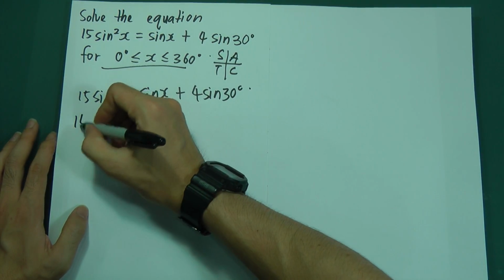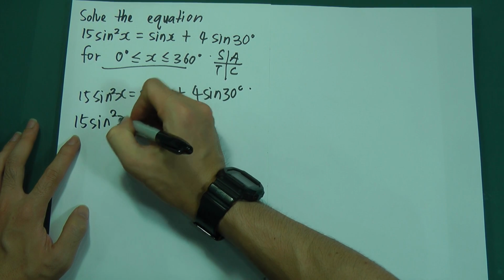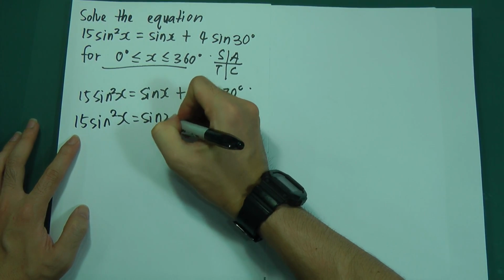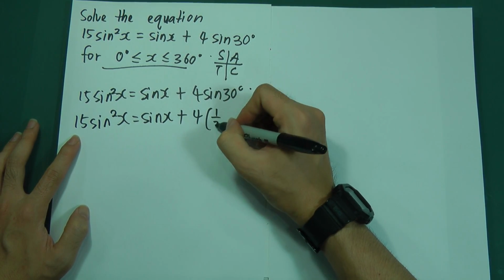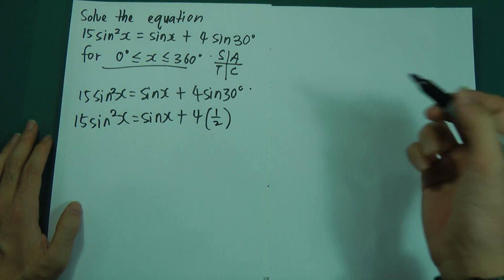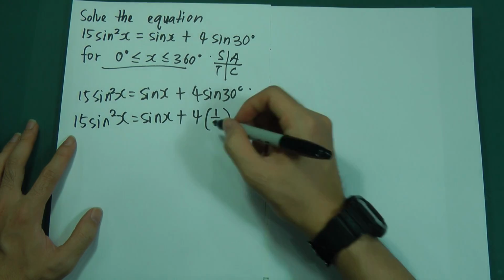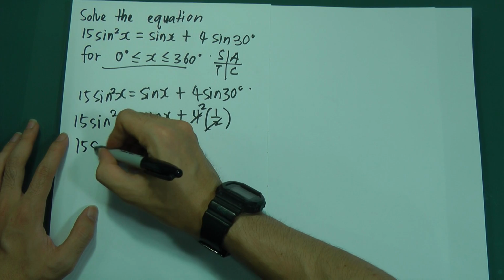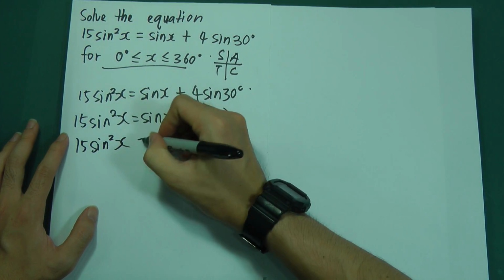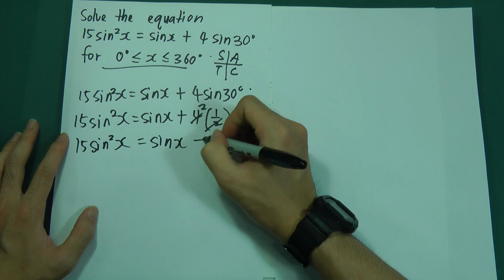So I will get 15 sine square x equals sine x plus 4 multiplied by 0.5, or I can call it 1 over 2. You can press the calculator, sine 30 will give you 0.5. So after I simplify, I am left with 2. So now I got 15 sine square x equals sine x plus 2.